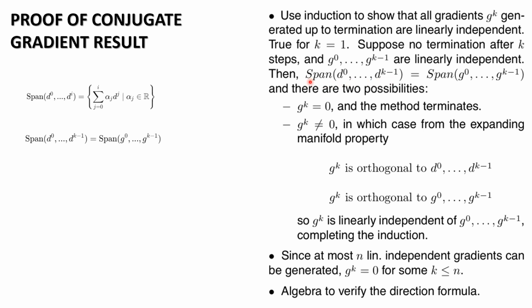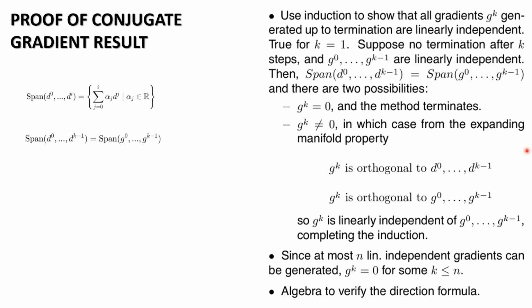So actually, the span of d0 and so on to dk minus 1 is equal to the span of our gradients. Don't forget, this is the meaning of the span. Now we need to prove that the next gradient gk in this sequence is also independent.